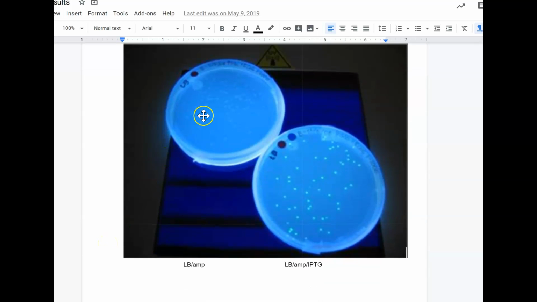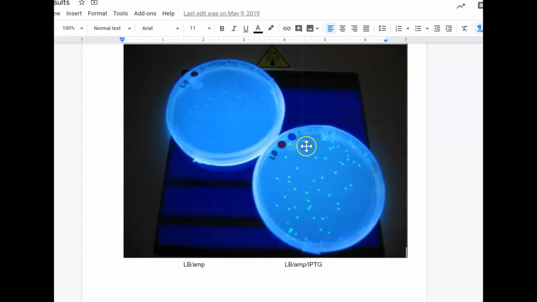On this plate, you should see the LB amp, that there's growth, but they're not glowing. So the colonies were not transformed because they were missing the IPTG. But here you should see on this last plate that, yes, the bacteria is both growing and glowing.